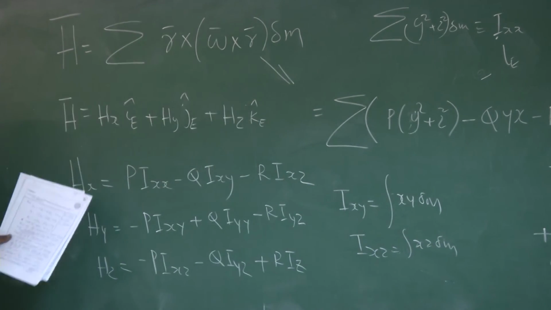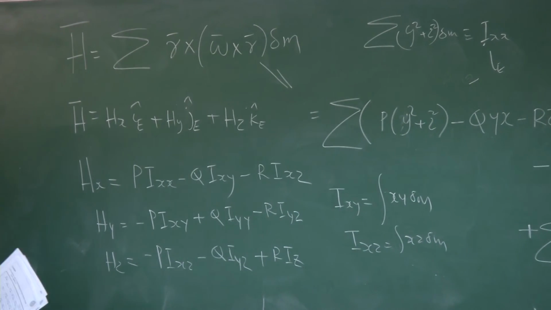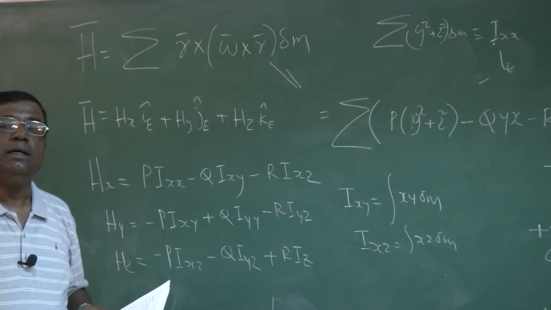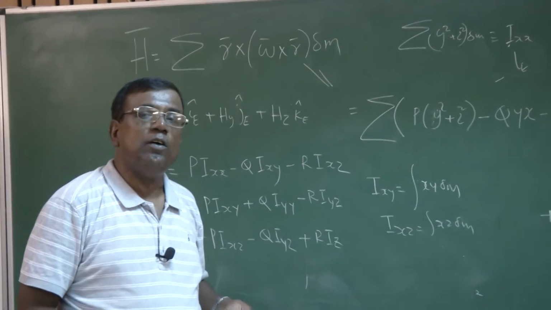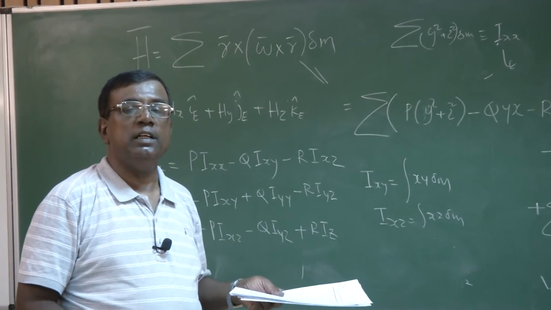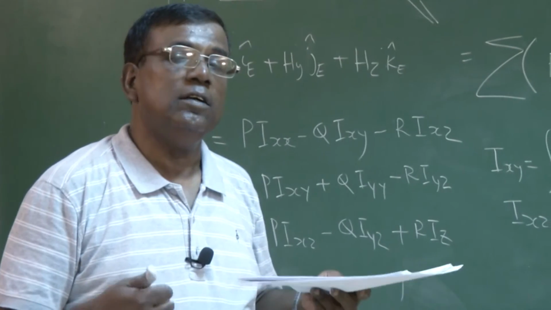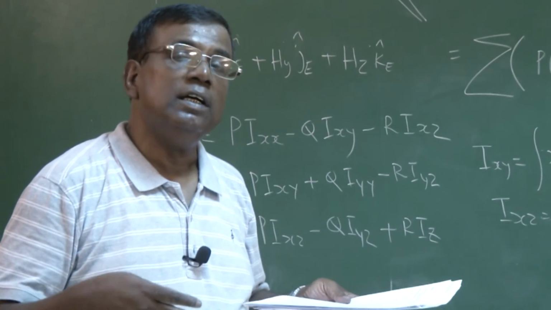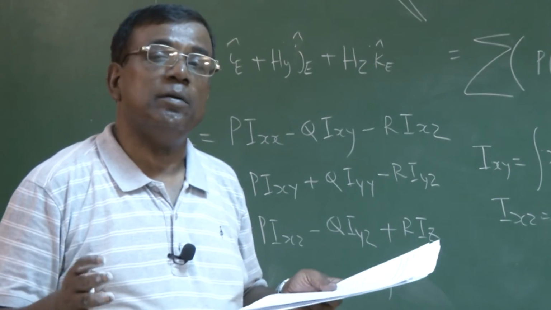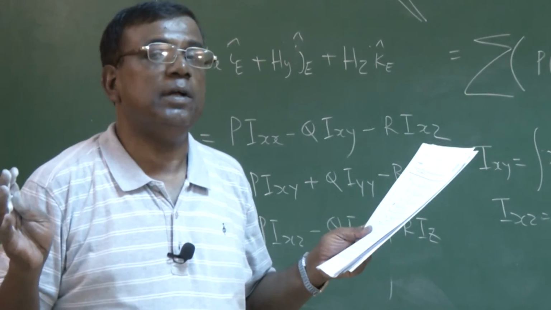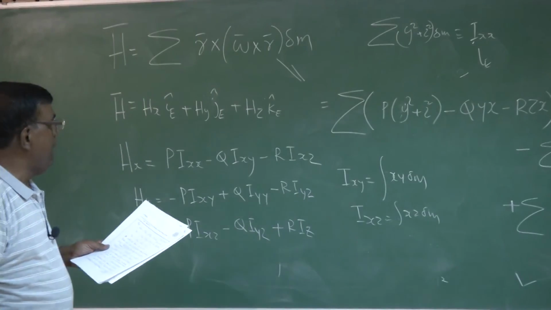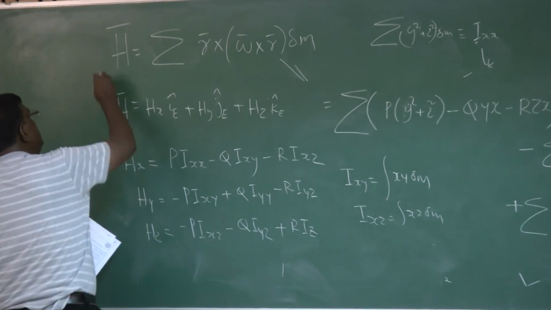Okay. What are P, Q, R? P, Q, R are the components of angular velocity of the airplane with respect to the inertial frame resolved along Ie, Je, and Ke, that is, along the unit vectors of the inertial frame. We are all talking about the inertial frame now, right? This should be very, very clear.